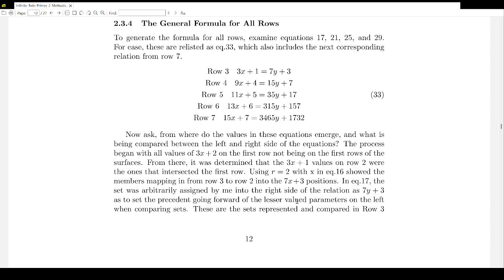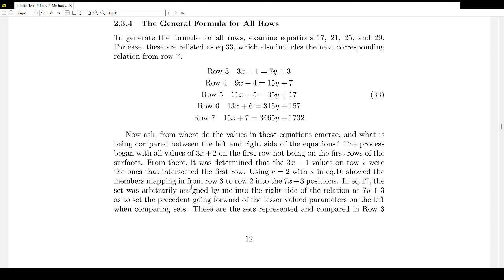Okay. So the 3x plus 1 values on row 2 were the ones that intersected the first row, and the equation showed the mapping from row 3 to row 2 into the 7x plus 3 positions.